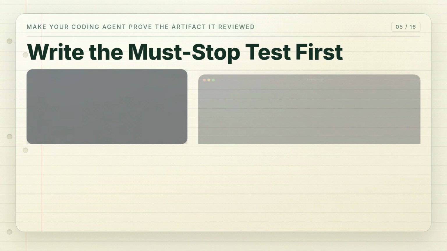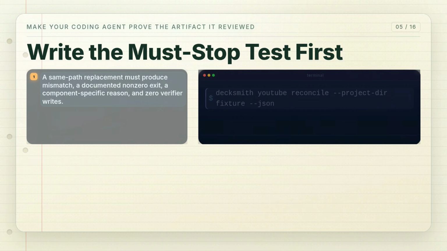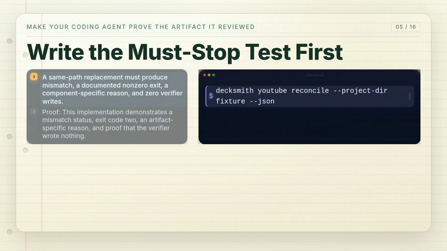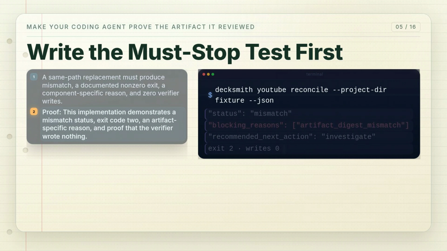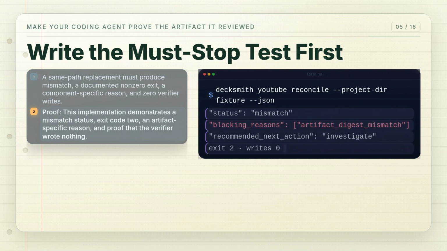The implementation starts with the failure, not the success path. The test approves one artifact, replaces it behind the same reference, and leaves approval unchanged. The verifier must return 4 observable results: mismatch, a documented non-zero exit, a reason naming the component, and evidence it wrote nothing.